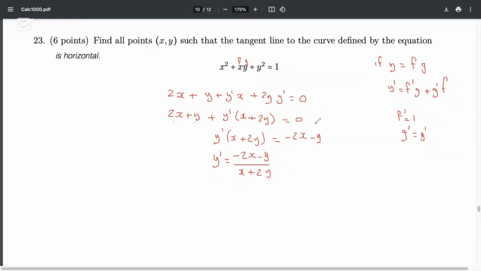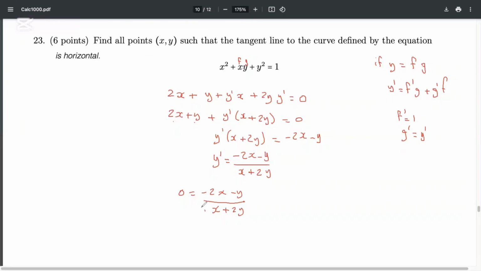And this is why this is tricky, because now you don't only need to find the x value where the tangent is horizontal, but also you need to find the y value. So we know the slope, or the derivative, has to be 0 for a horizontal tangent. So we're just going to go 0 equals negative 2x minus y all over x plus 2y.